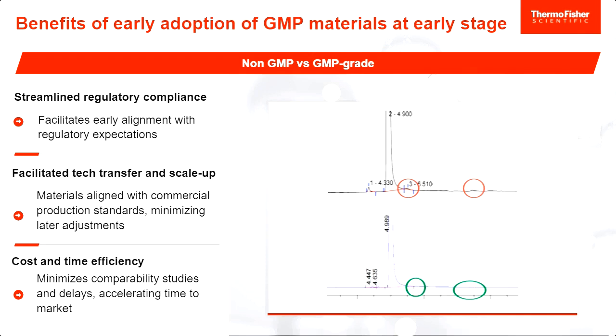From a cost and time perspective, this minimizes the need for compatibility studies between non-GMP and GMP materials later on. And as the image on the right shows, even a slight change in raw material quality, like buffers, can have an impact on critical quality attributes and ultimately your product's performance. Early investment in GMP buffers helps secure a faster, smoother, and more compliant path to market.